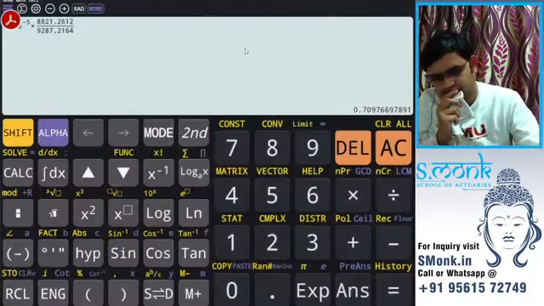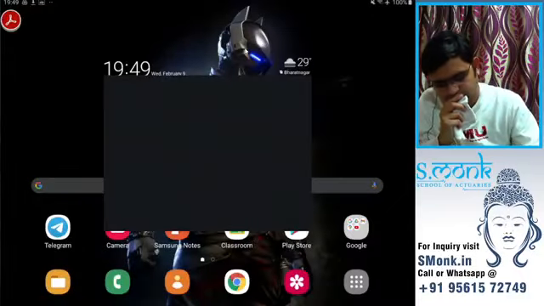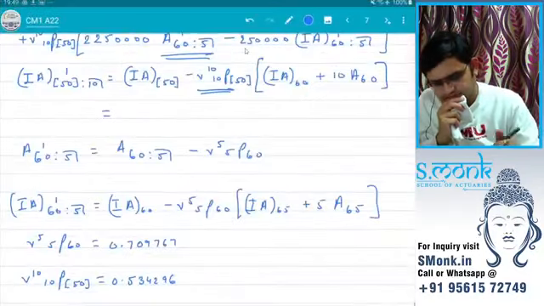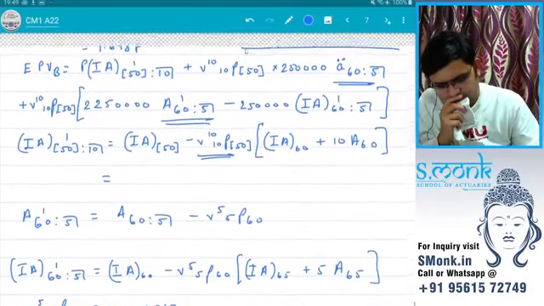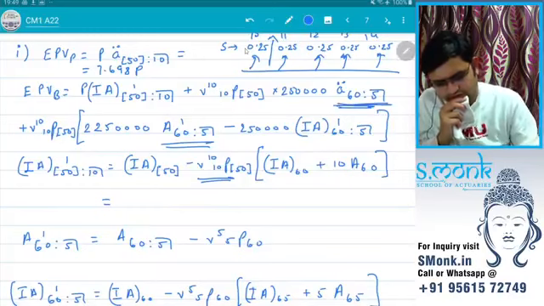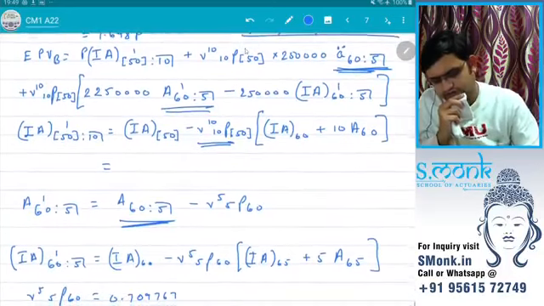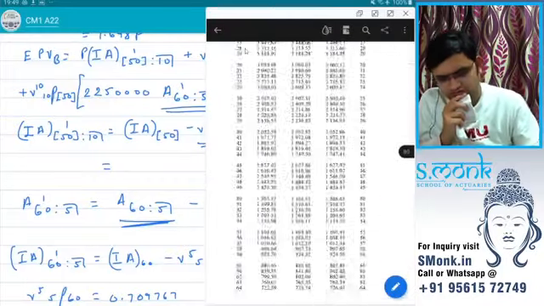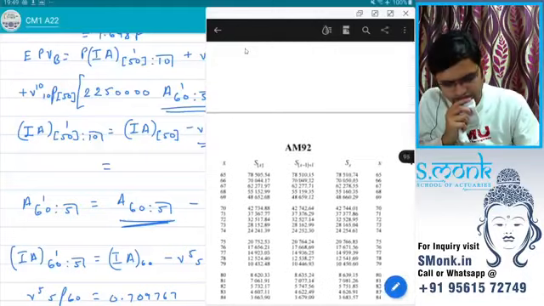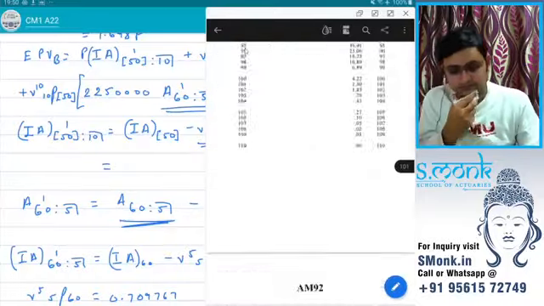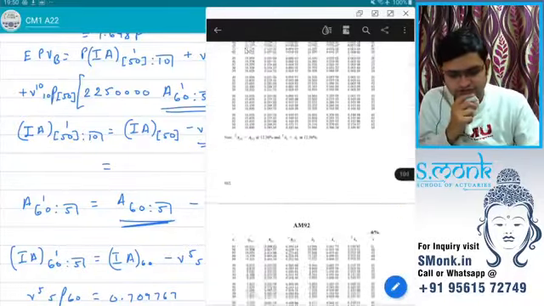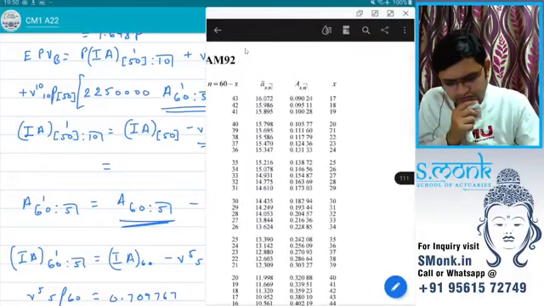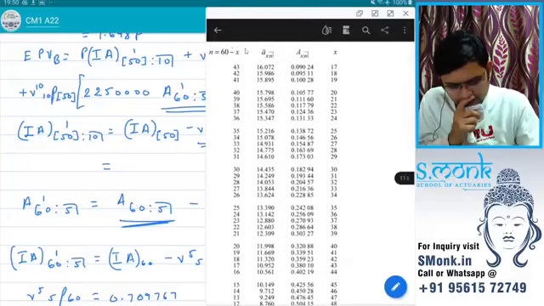Oops, I clicked the wrong button. So see, this value and this value we can get from the endowment 65 table, 60 and 65.